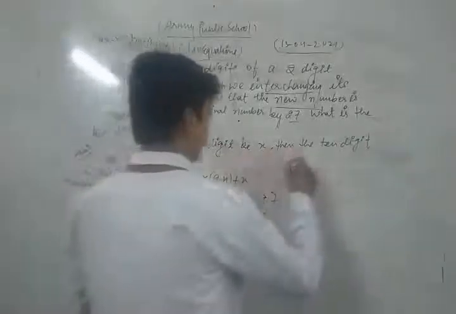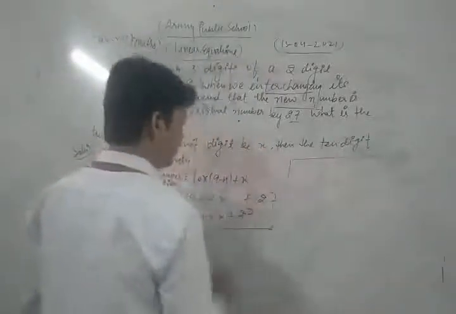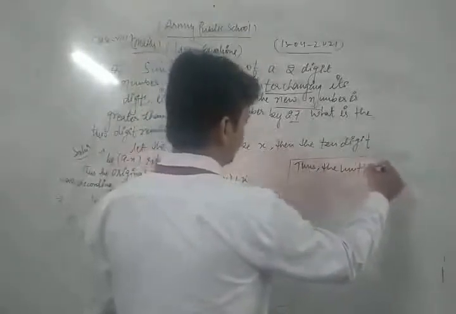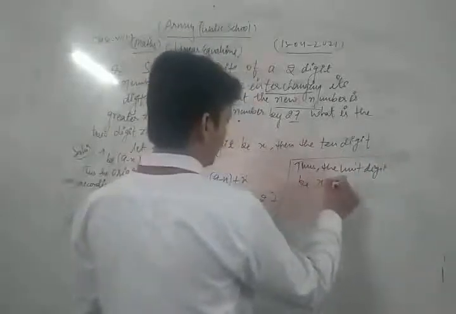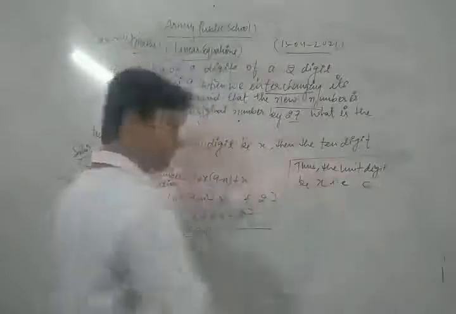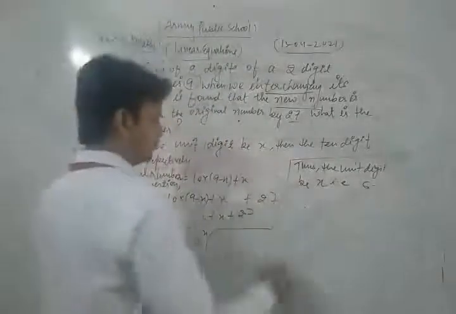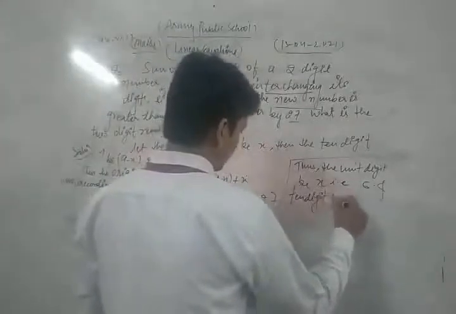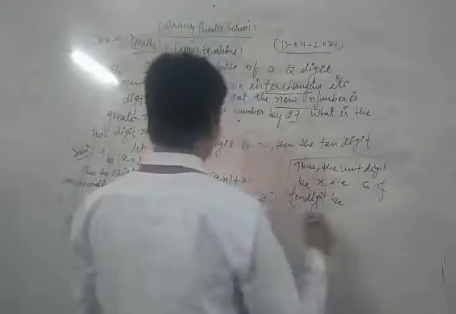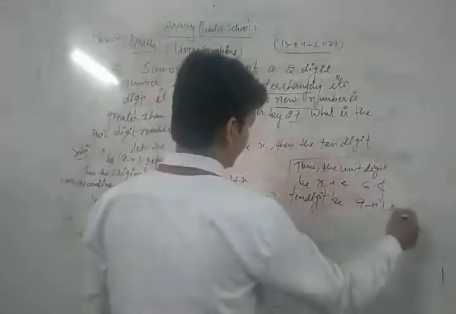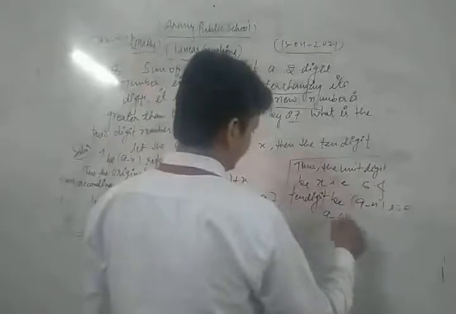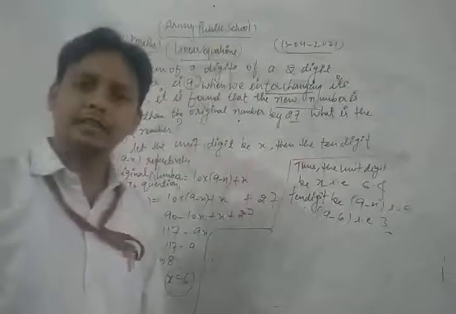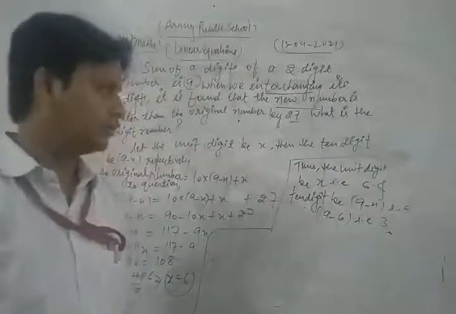Thus the unit digit is x, that is 6, and the tens digit is 9 minus x, that is 9 minus 6, which is 3. In this way we get the tens digit as 3 and the unit digit as 6.